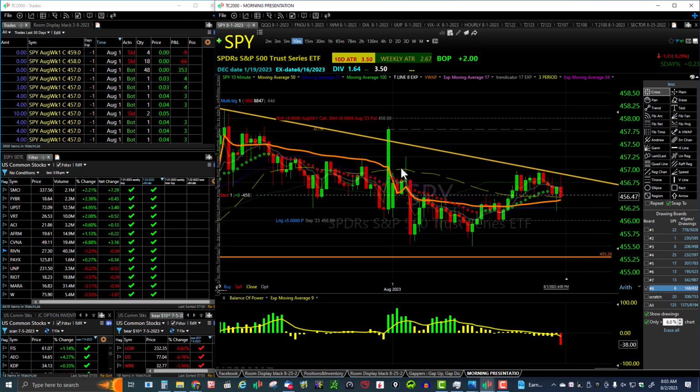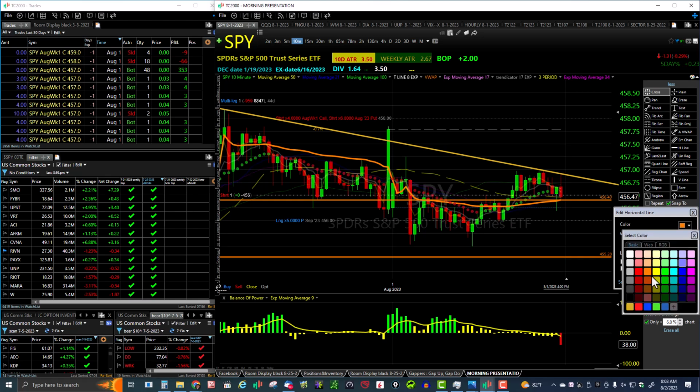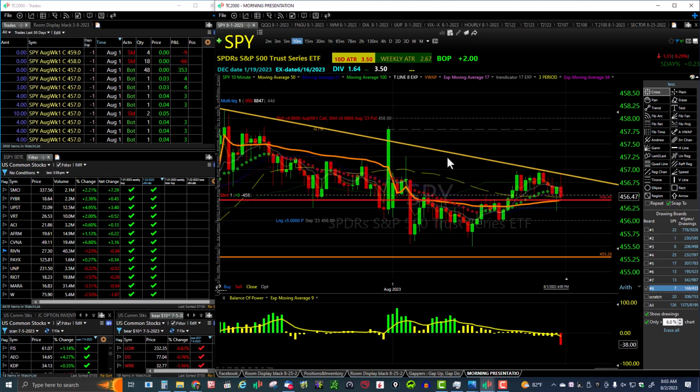You can see price comes down to it, trades up to it, and then gets over it, and then trades down to it. So we'll put the morning SPY pivot in at 456.40 right there, and we'll color it red. Okay, so that's our morning SPY pivot.